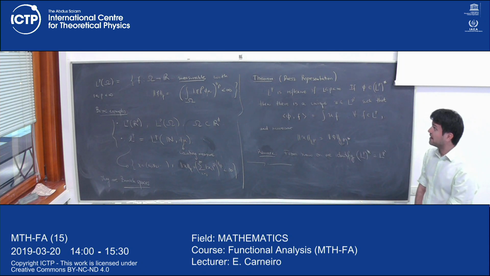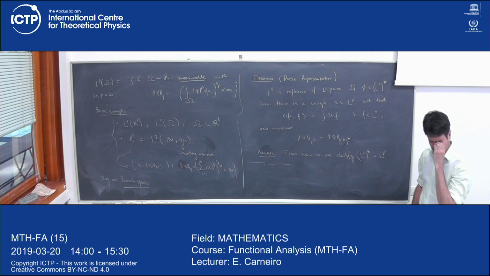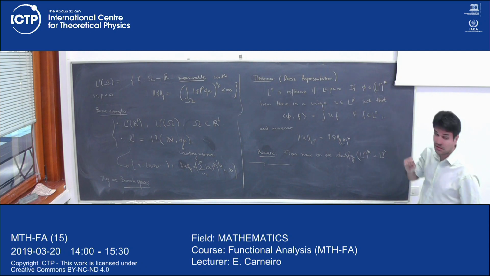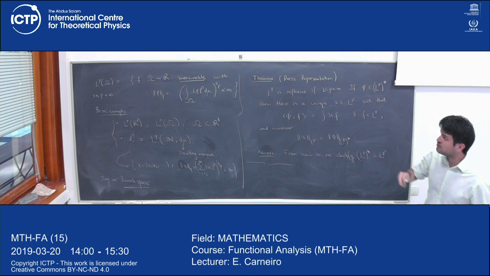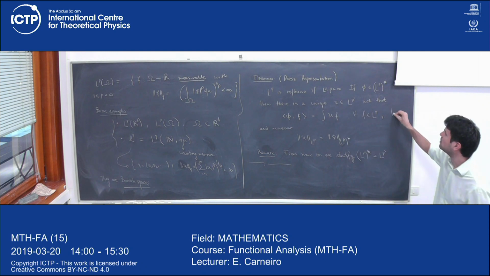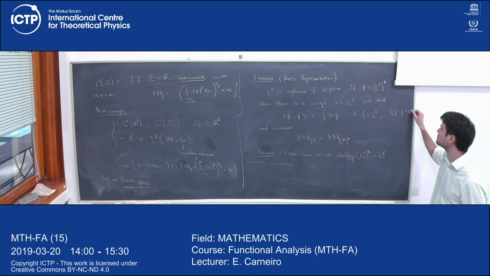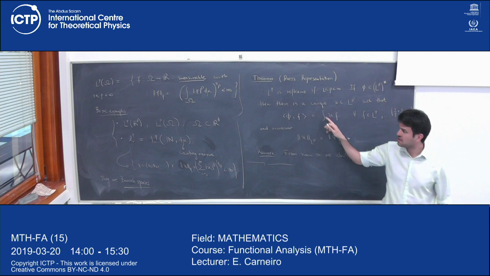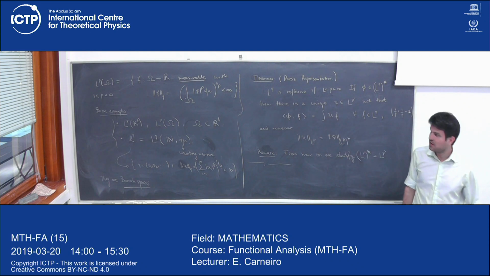Okay. Then, this is one part of the theorem. The other part is to actually characterize what the dual is. In fact, if phi is in the dual of L^p, a linear functional on L^p, then there is a unique function u in L^p', the conjugate exponent, and recall always 1/p + 1/p' = 1, such that phi acting on f is actually the integral of u against f.